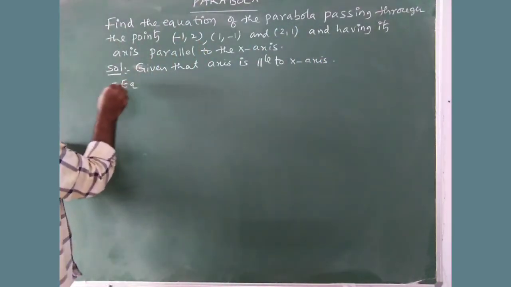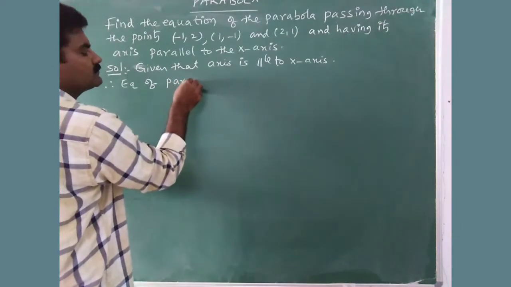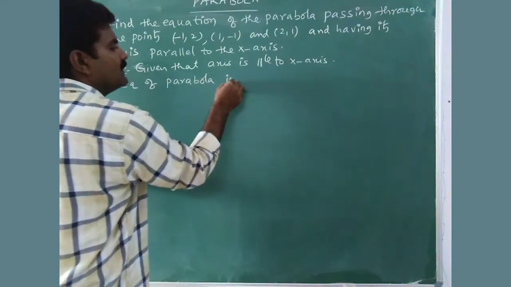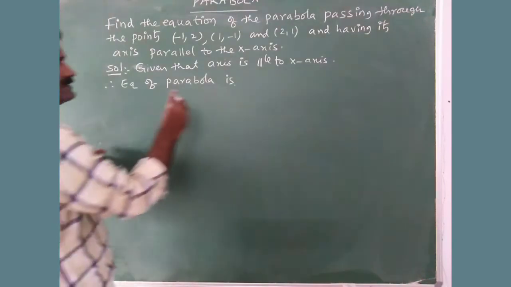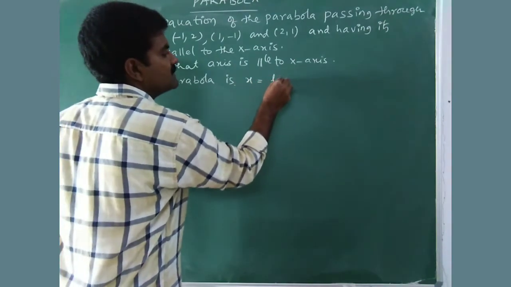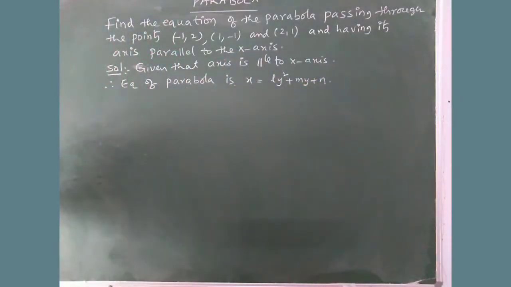Therefore, the equation of the parabola, since its axis is parallel to the x-axis, is in the form of x equals l y square plus m y plus n, isn't it? So whose axis is parallel to the x-axis, then the required equation of the parabola is in the form of x equals l y square plus m y plus n.